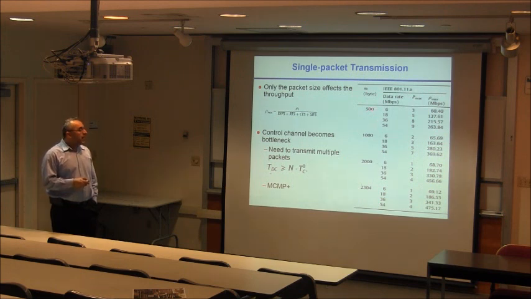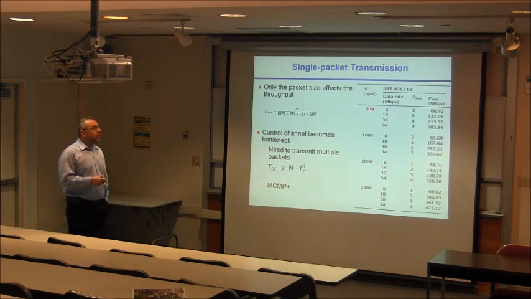So as you can see, as packet size increases, throughput increases. Also, as data rate increases, throughput increases as well. How do we achieve this? For example, if you have a 500 size packet, and the data rate is 6, whenever you make a reservation, you have to send at least 3 packets.